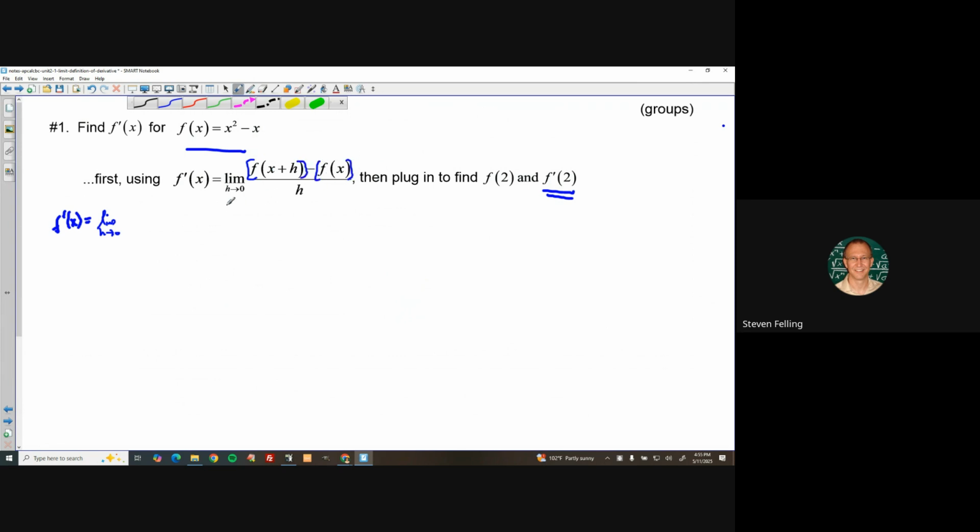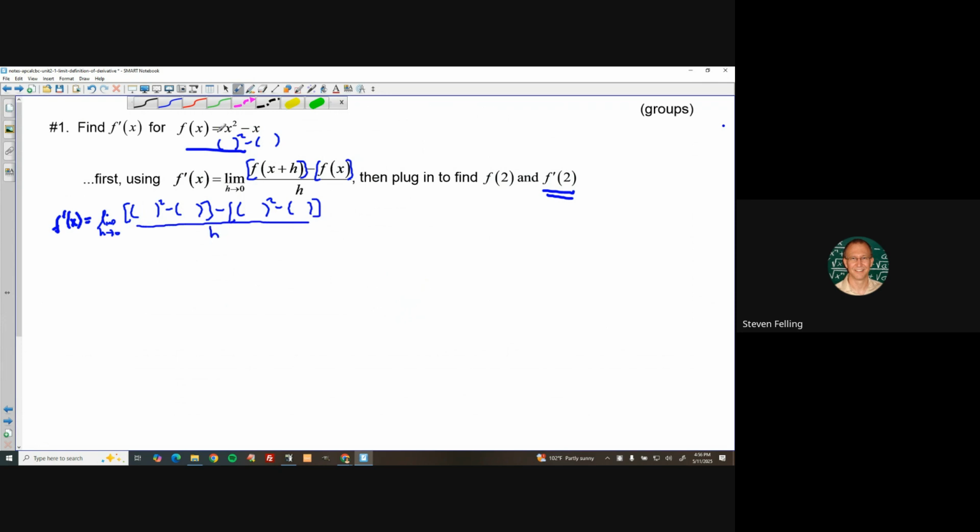I like to put those in square brackets. The function is something squared minus something, so I'm just going to copy that pattern here. Something squared minus something, that's the first copy. And then I'm going to subtract another copy, something squared minus something, and that's going to be over h.